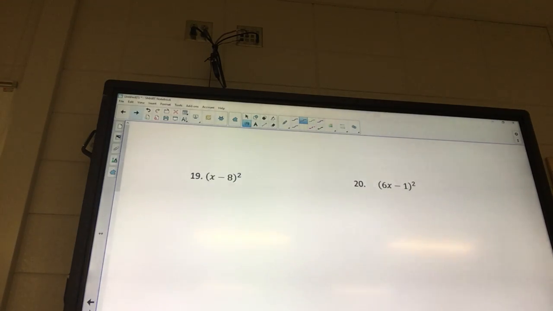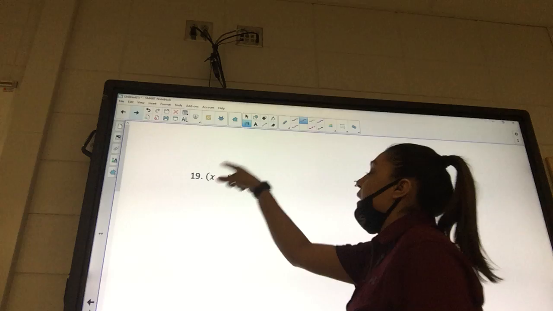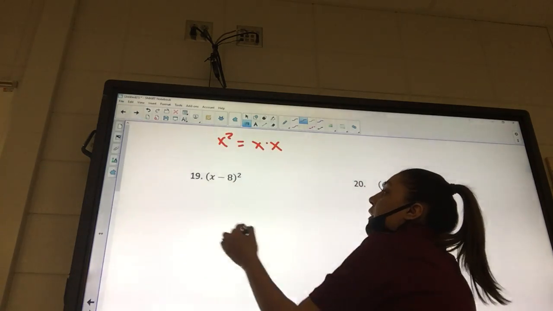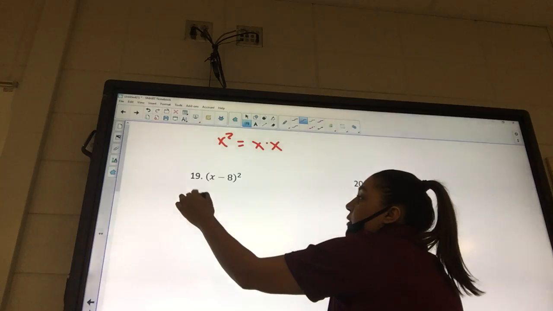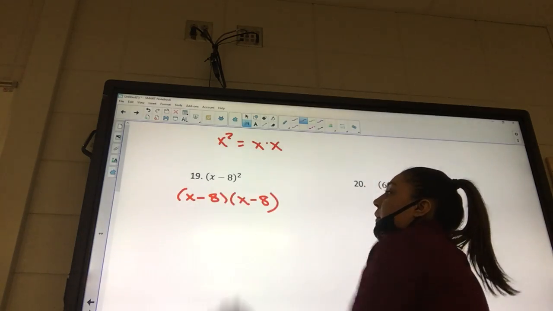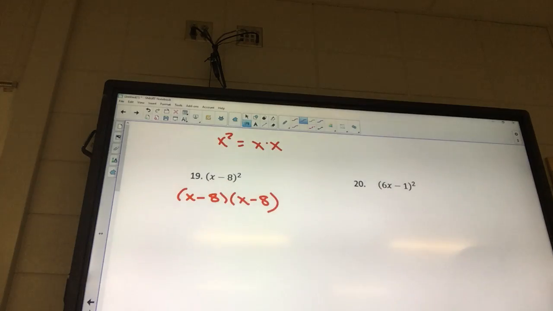Okay. The back page. We're not going to do them all, but I do want to show you what it is. So, what does squared mean? Times itself. So essentially this is the same. If we wrote x squared, it's really x times x. This says this squared, so it's really x minus 8, x minus 8. That's it. Now FOIL it out.